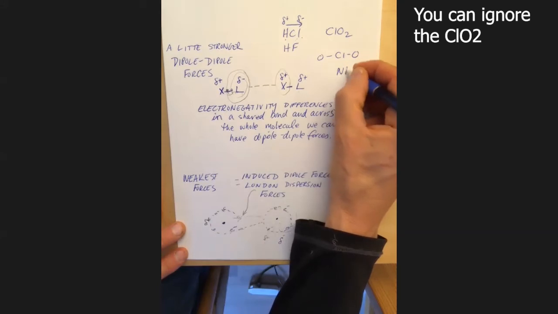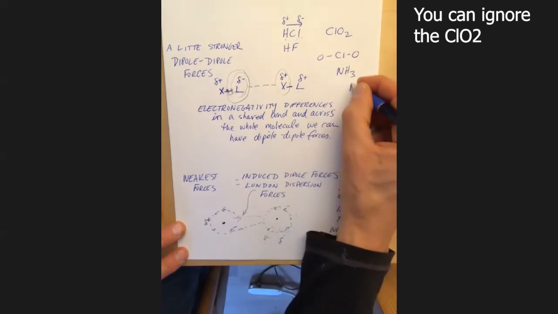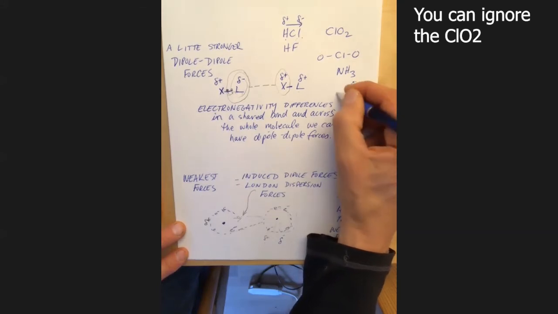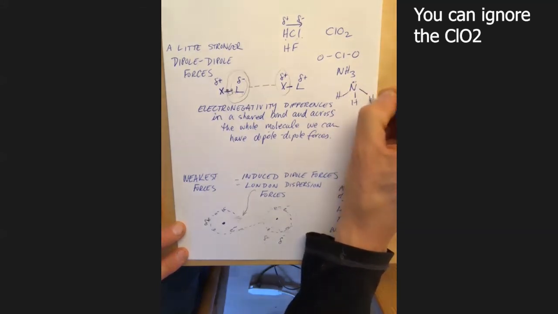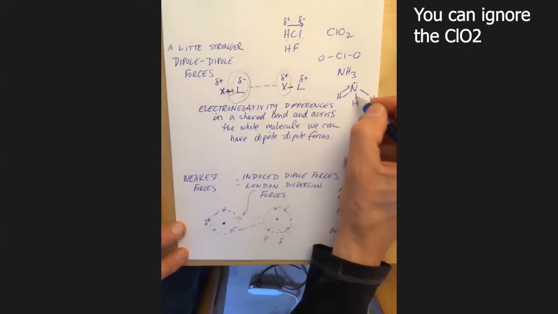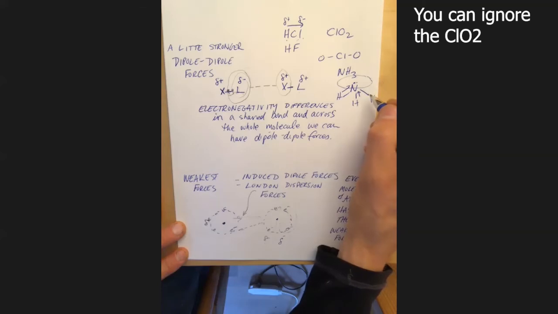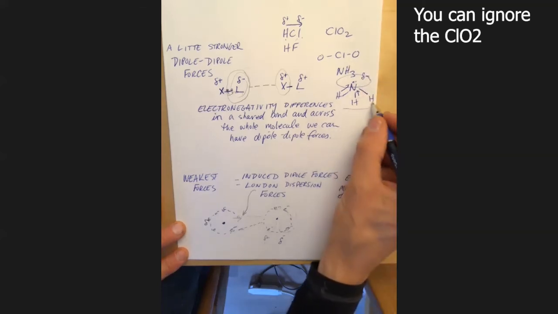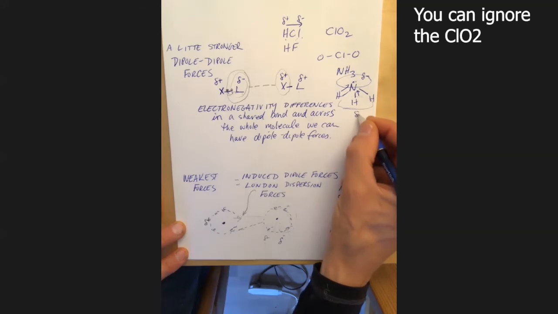So something like ammonia, which is trigonal pyramidal, you can have each one of these nitrogen-hydrogen bonds, the electrons are drawn up towards the nitrogen. And so this part of the ammonia molecule is slightly negatively charged, and this part is slightly positively charged.